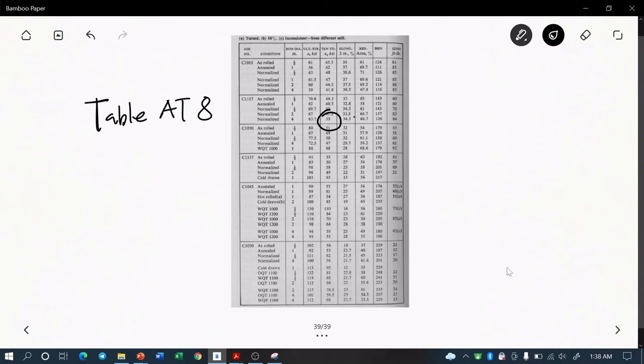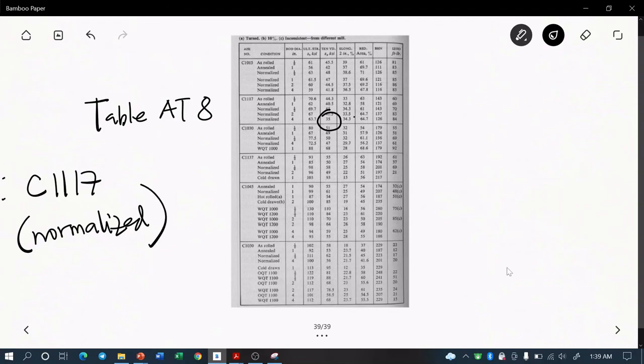So what we have found here is that the closest steel to the hypothetical steel that we had solved in the second requirement is the C1117, and its condition is normalized. Therefore we can now use this.